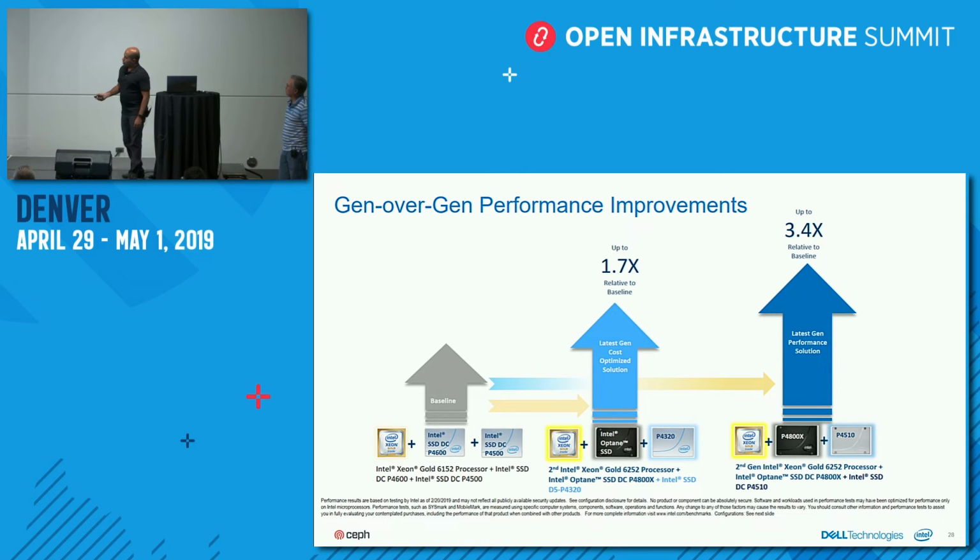If you compare the baseline, which is more like last year's baseline, versus today, the cost optimized solution is about 70% better performance, generation over generation, whereas the performance solution, with the latest generation controllers on the TLC media as well as the Optane SSD, looks about 3.5x faster. So this is something definitely to look forward to.